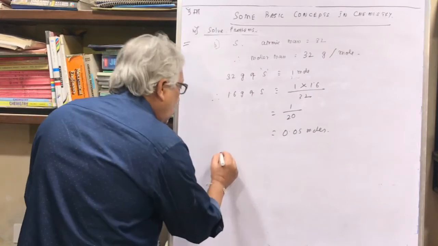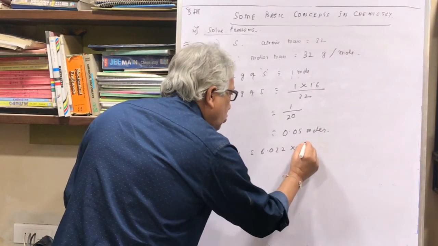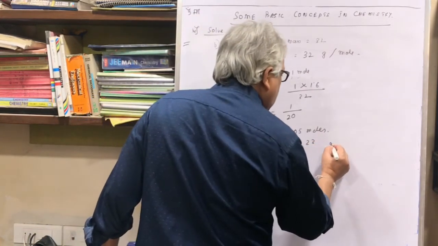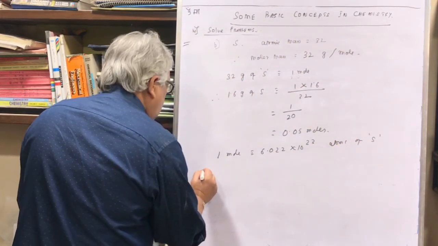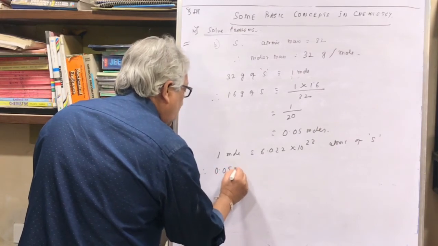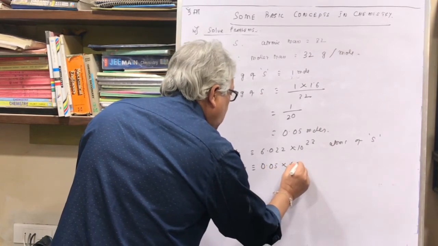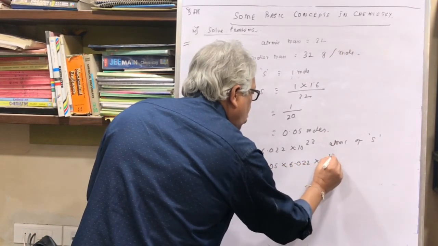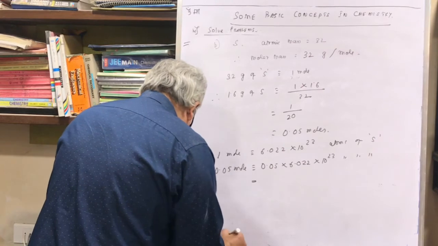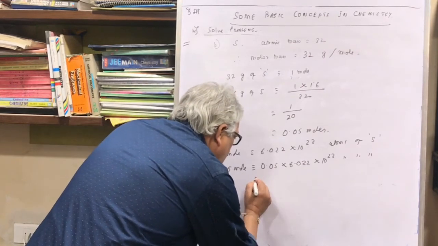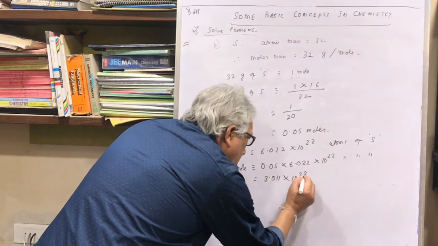Now my point is 1 mole will correspond to 6.022 into 10 raised to 23 atoms of sulfur. Therefore 0.05 mole will correspond to 0.05 into 6.022 into 10 raised to 23 atoms of sulfur.